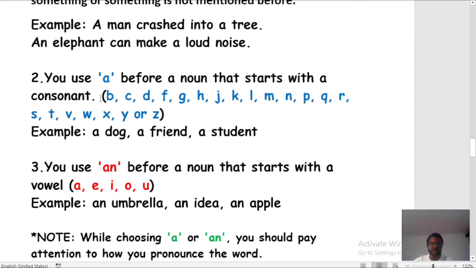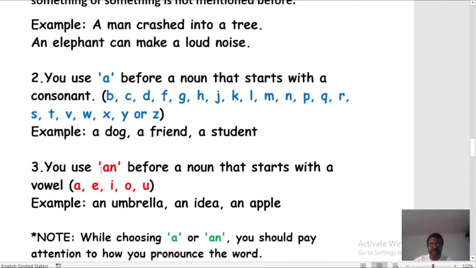As you can see here, we've got B, C, D, F, G, H, J, K, L, M, N, P, Q, R, S, T, V, W, X, Y, and Z. Okay? For example, a dog, a friend, a student.